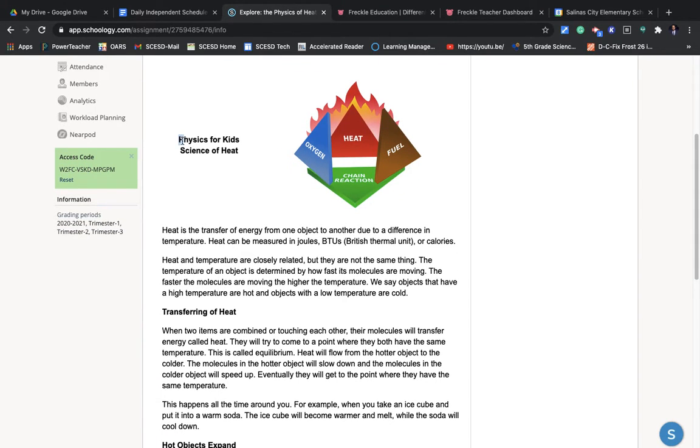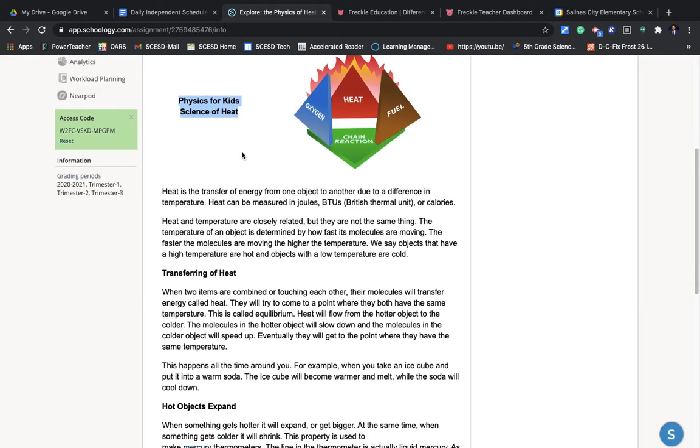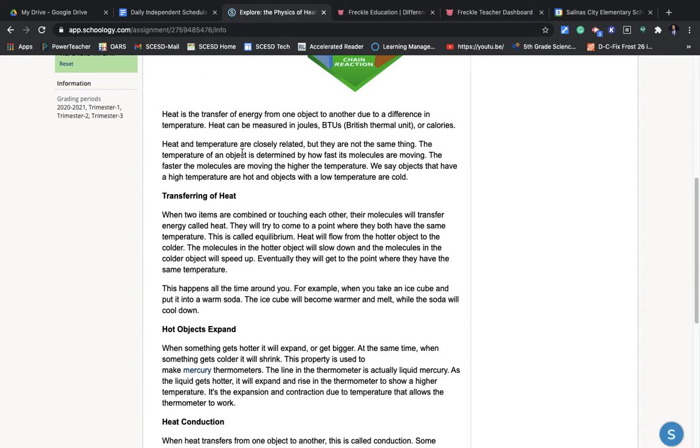Let's take a look at the physics for kids, science of heat. So heat is the transfer of energy from one object to another due to a difference in temperature. Heat can be measured in joules, BTUs, or British thermal unit, or calories like we eat.